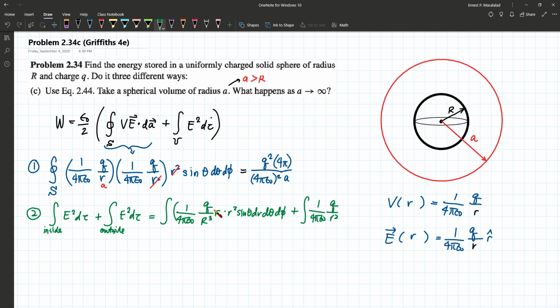But remember, this should be squared, and it should also be squared.